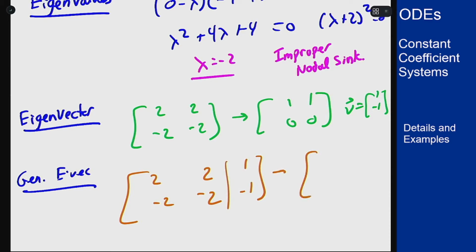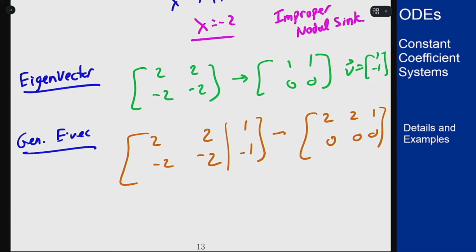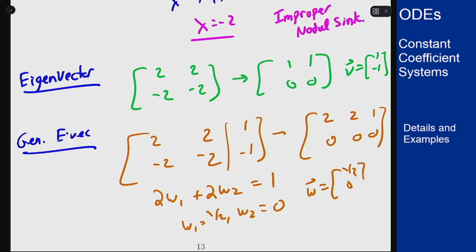This reduces to 2w1 + 2w2 = 1. For this, we can choose w1 = 1/2 and w2 = 0. That solves this equation, so we're fine. And so our vector here is going to be (1/2, 0).